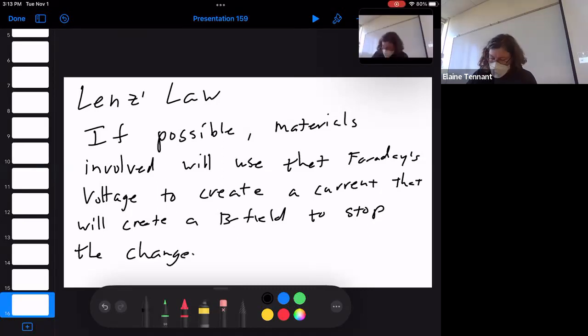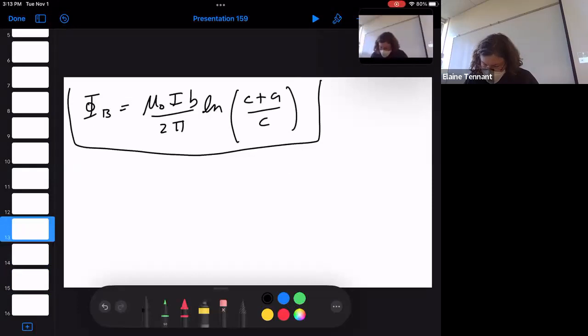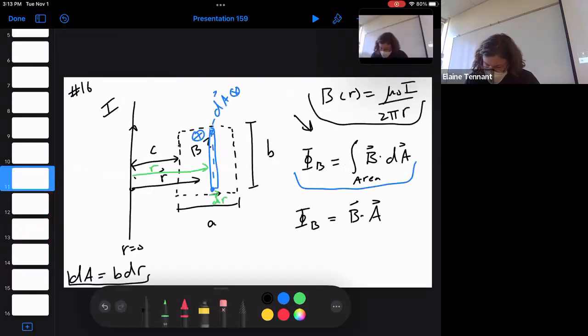Okay, so say, for example, you had a situation like this, where you had your loop of wire that defined that region of space. If I took that loop of wire and moved it further away from my long straight wire, what would happen to the magnetic flux through my loop?